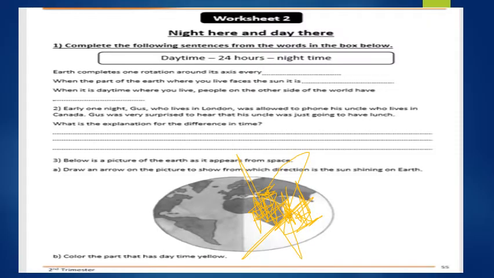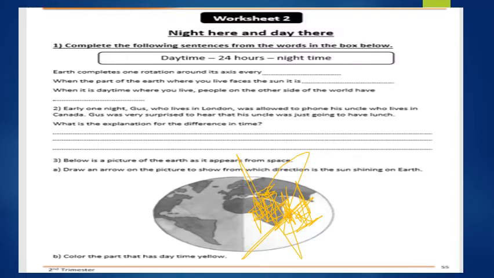Now let's make the small classwork, worksheet number 2, page 55. Night here and day there. Number 1, complete the following sentences from the words in the box below. You have three words in the box: daytime, 24 hours, and nighttime.